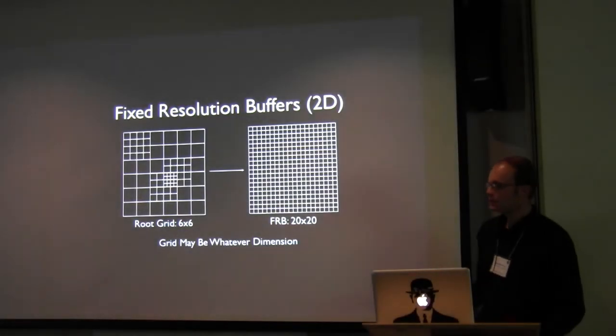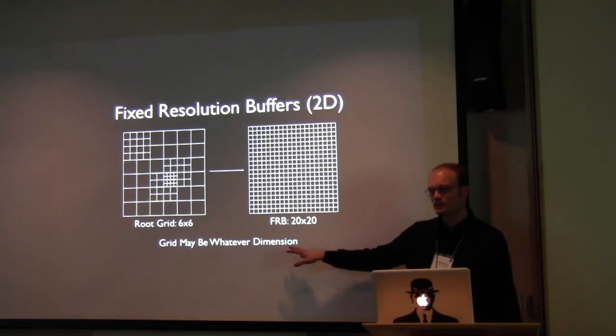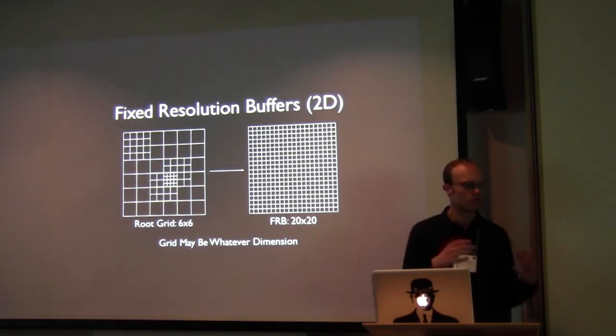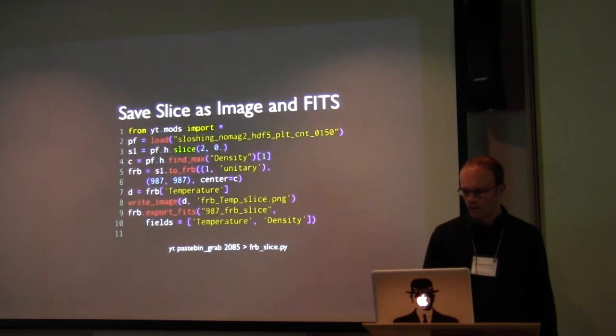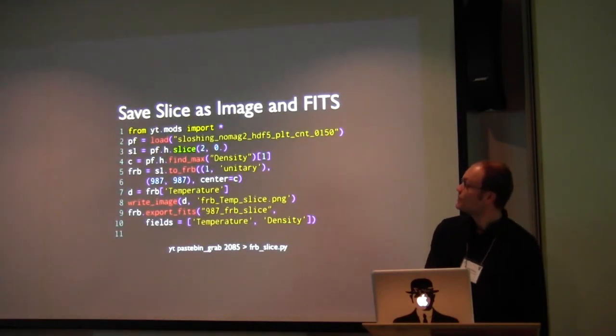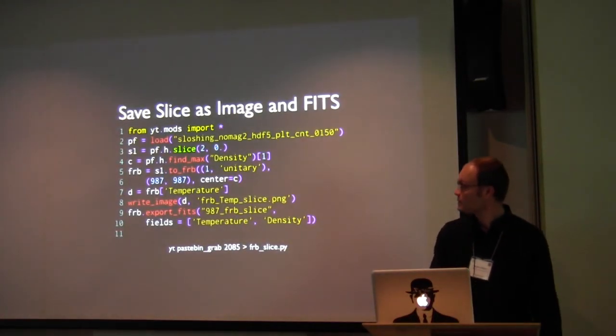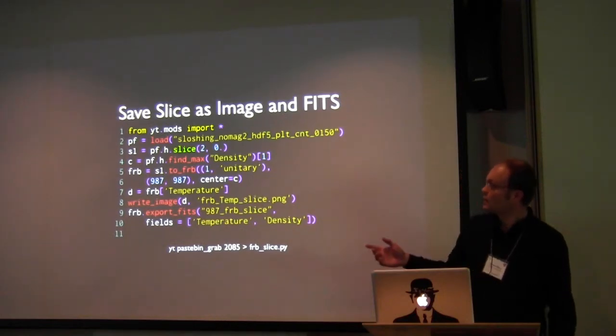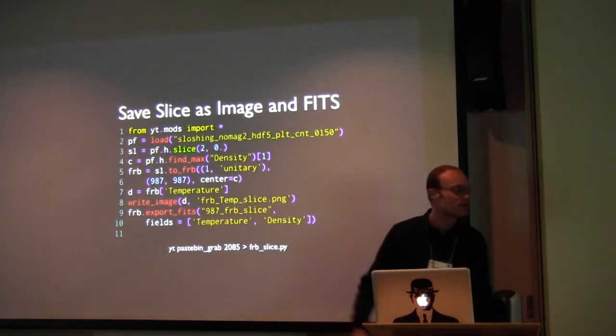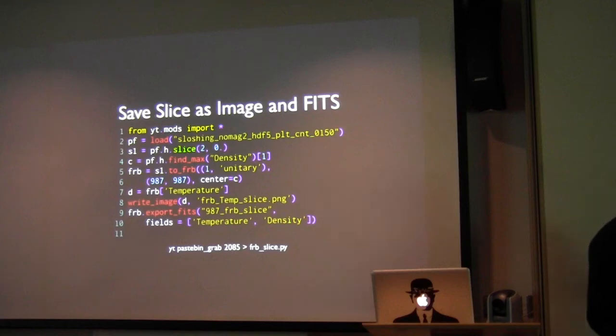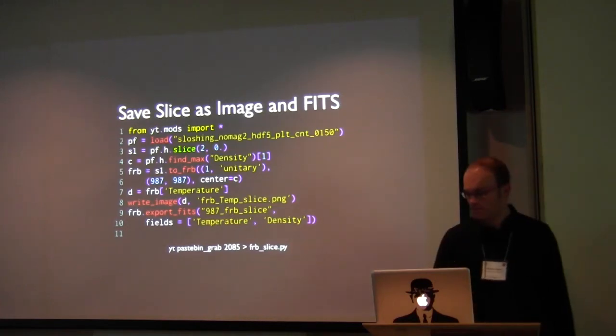So we've already seen fixed resolution buffers. As I just said, they can be whatever dimension because it's done using pixelization. We've already seen how to save fixed resolution buffers as FITS. But I just noticed on my script at line 6, my fixed resolution buffer is size 987, which is not a factor of really much, but it works just fine.